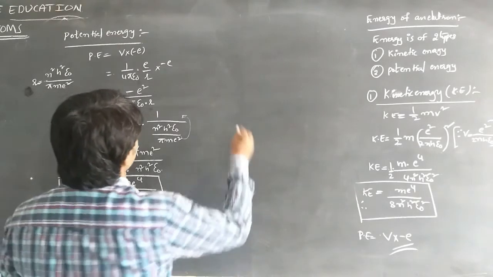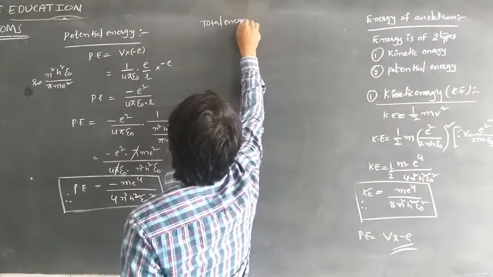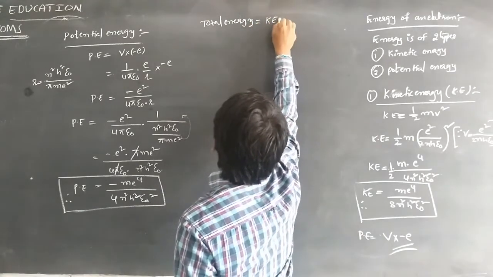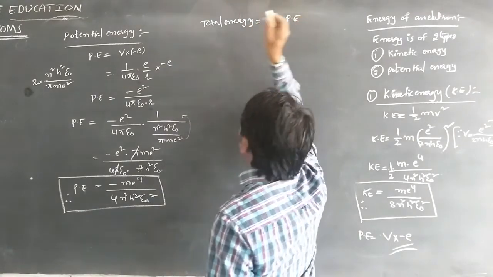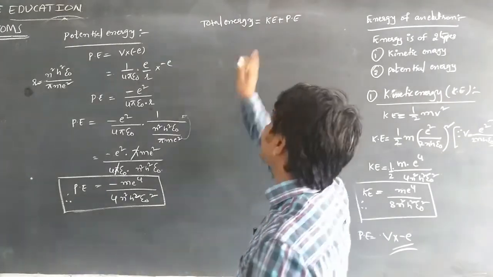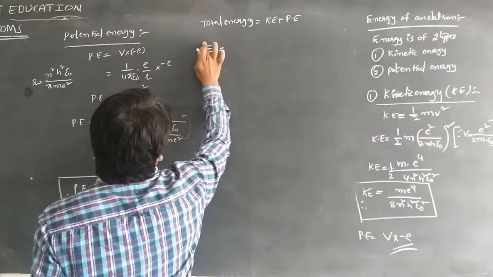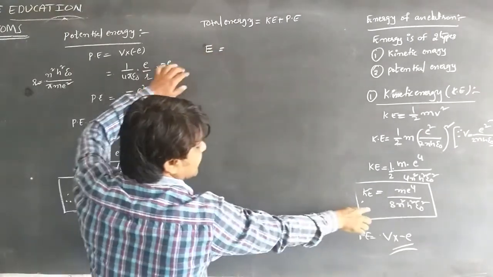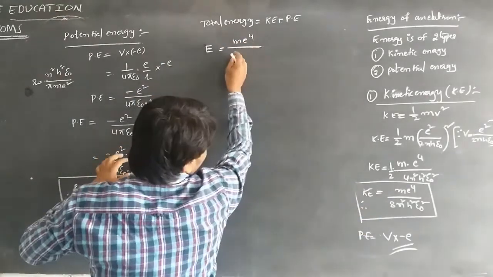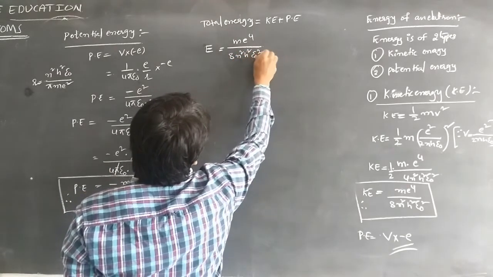So from this case we can write that the total energy is equal to kinetic energy plus potential energy. From this equation the total energy E is equal to, we know that kinetic energy is m e power 4 by 8 n square h square epsilon naught square.